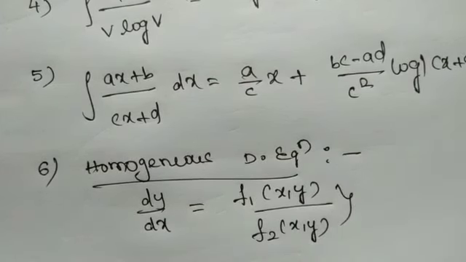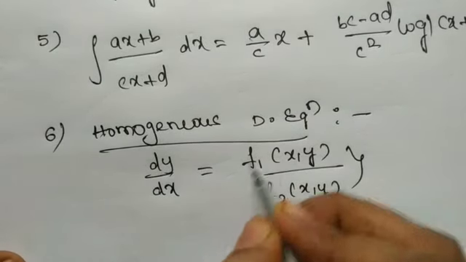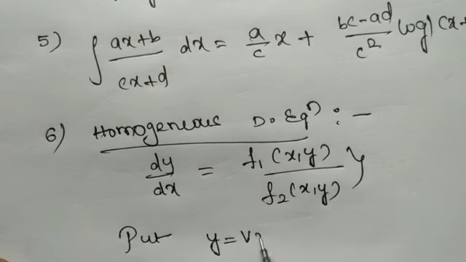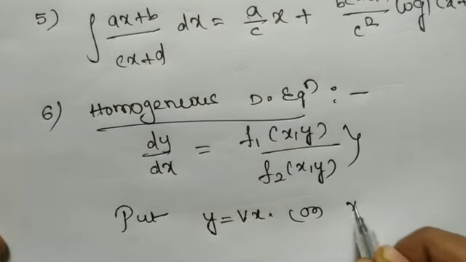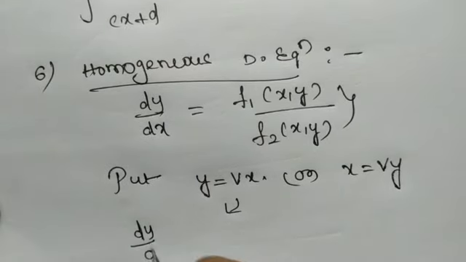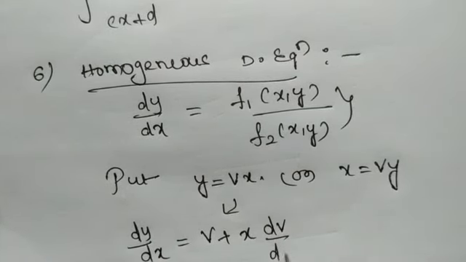So here both the degrees are the same, and the solution method of a homogeneous differential equation is to put y equal to vx or x equal to vy, then differentiate with respect to x. Then we get dy by dx equal to v plus x into dv by dx.